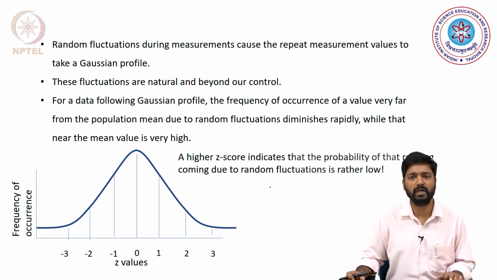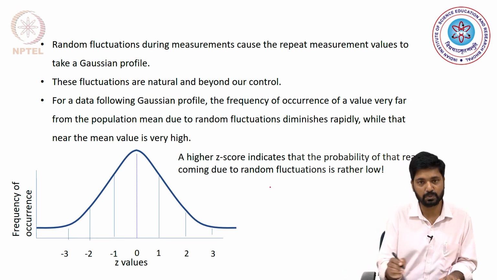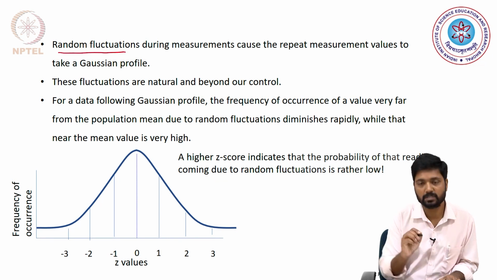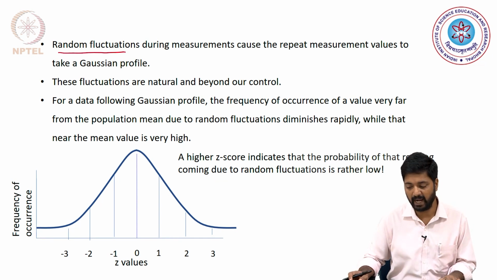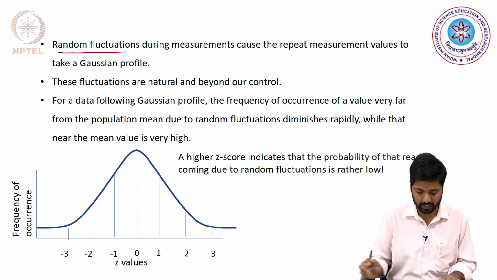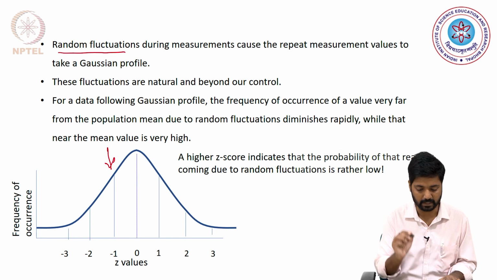Now, a few points to recollect here are that this Gaussian error function is coming due to random fluctuations during our measurements, and when we repeat our measurements in an unbiased manner, the measurement is supposed to take a Gaussian profile, which is demonstrated here.